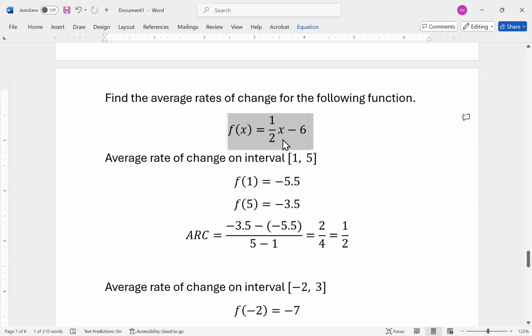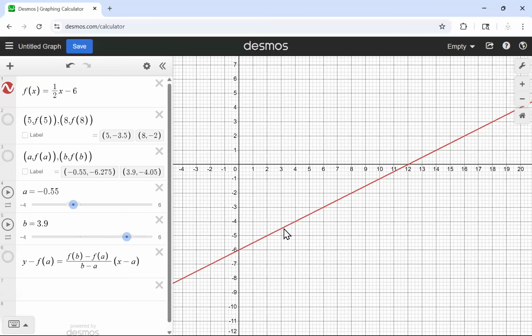We can graph this if we want. We had a straight line as the graph of our function. And so if I chose any 2 points, let's pick the last example we did, the one where x went from 5 to 8.